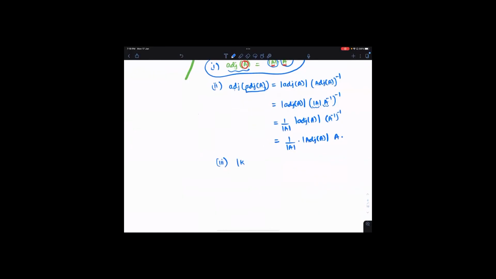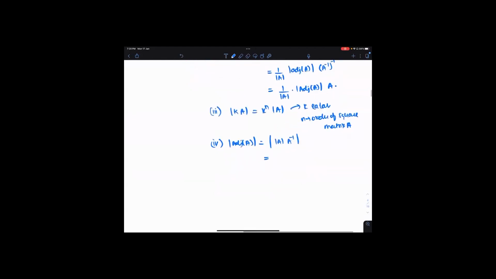Now we'll see what is det of adjoint of A. Det of K times any matrix will be K power n times det, an important rule, where K is a scalar and n is the order of the square matrix. So det of adjoint of A is det of det A into A inverse.